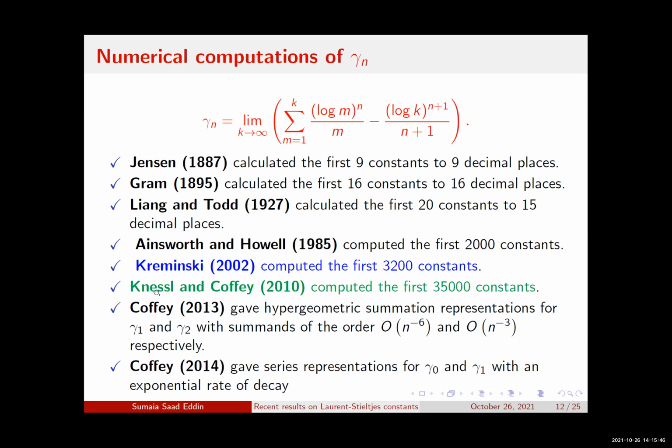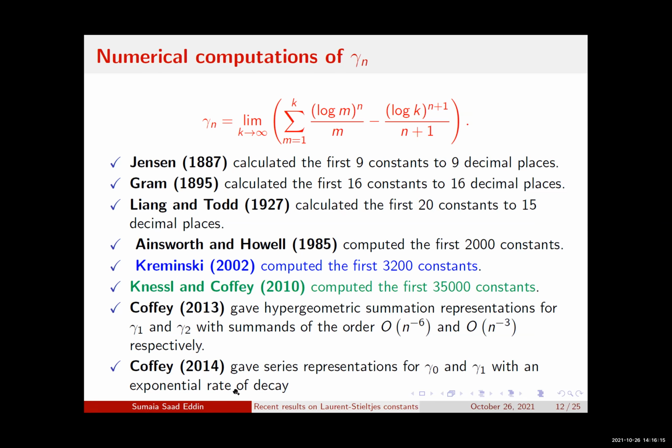Later, Knessel and Coffey in 2010 computed the first 35,000 constants, and very nice series representations for the first two constants were given by Coffey in his paper in 2014, and really nice results in this paper.